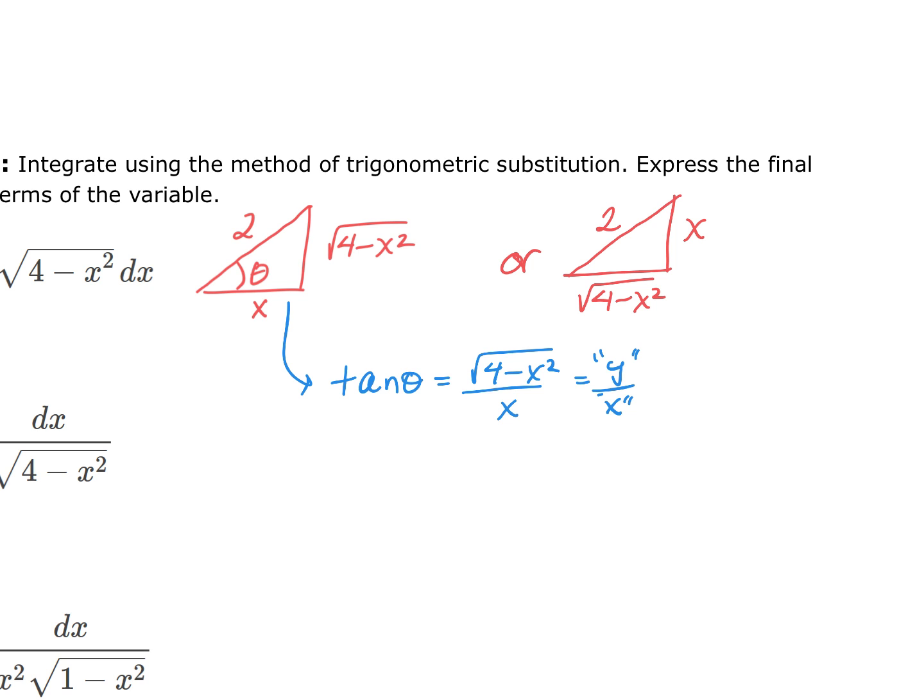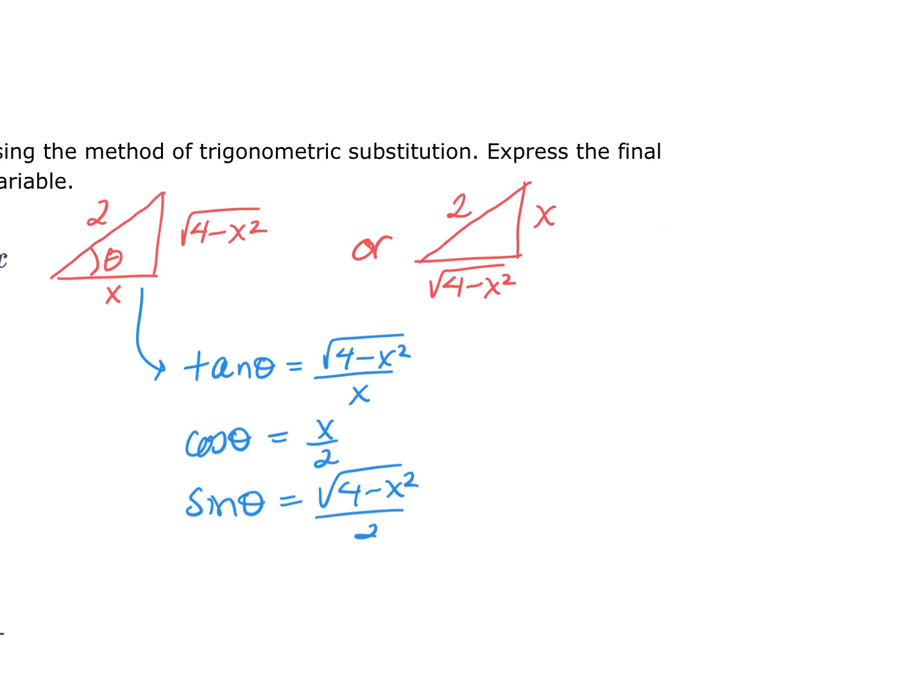So I'm setting up my ratios based on x, y, r. Now my x's are not really x's, maybe, maybe not. And then my cosine of my angle is going to be equal to, in this case, x over 2, and my sine of the angle would be the square root of 4 minus x squared over 2.